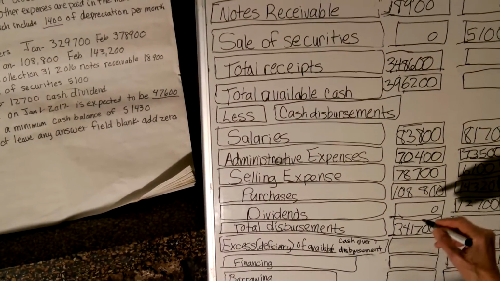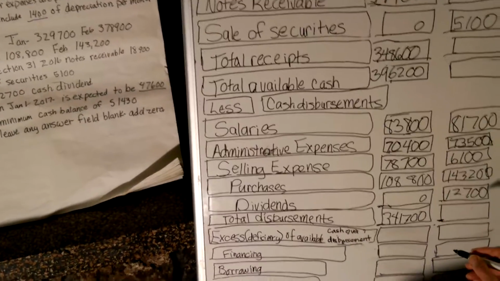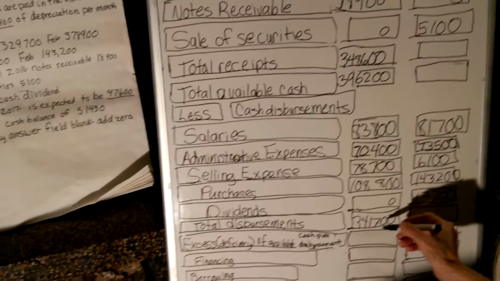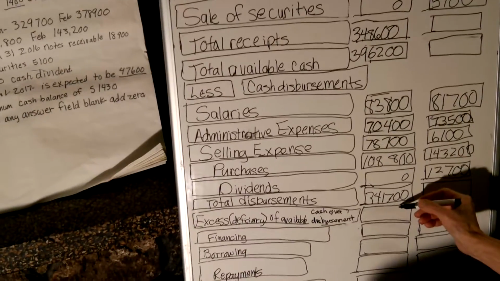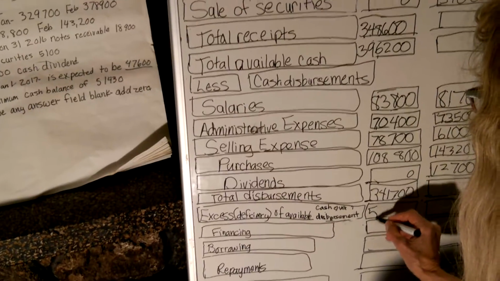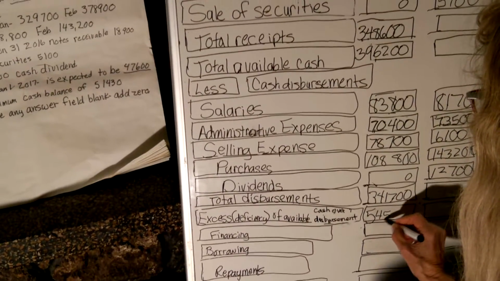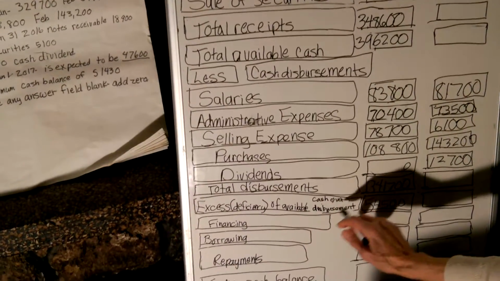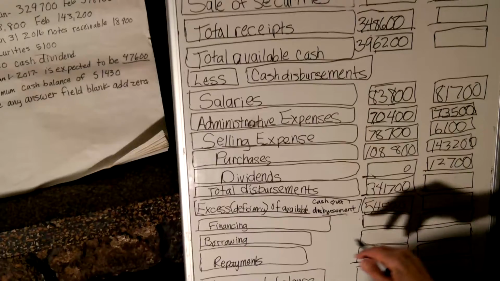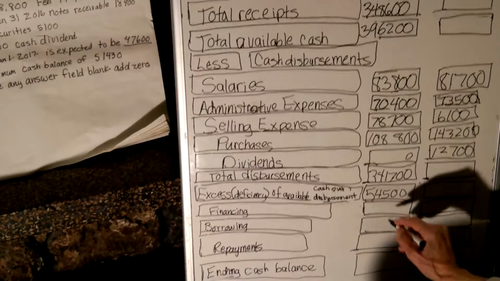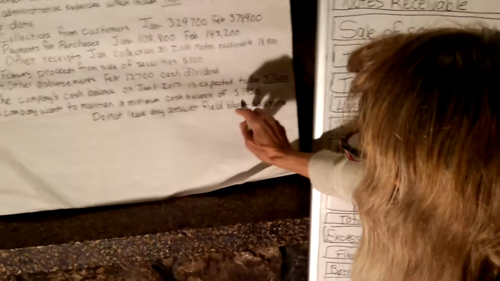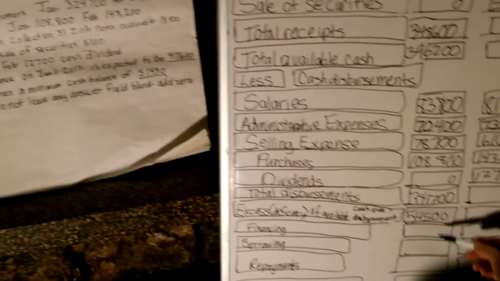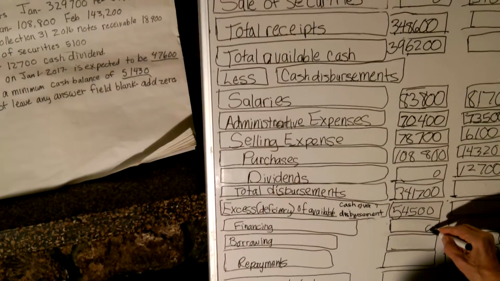And then what we're going to do is take the total available cash minus the total disbursements, and it's going to give us 54,500. This is the excess or deficiency of available cash over disbursements. And then we're going to see if we need to finance anything, because they said that they want 51,430 in the account. But since this is over it, we're going to put a 0 here.